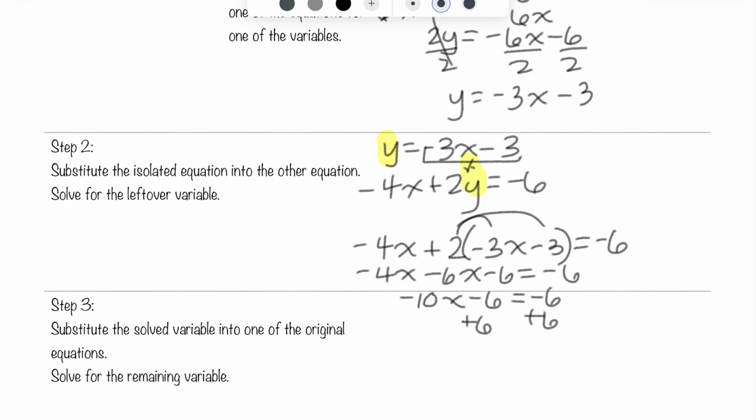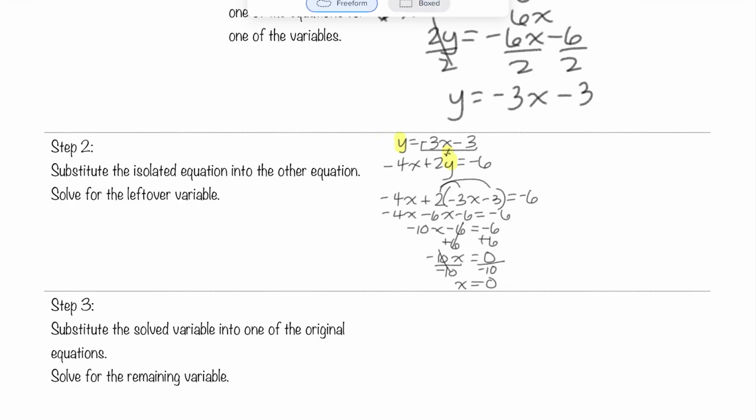Add 6 to both sides. Negative 6 plus 6 is 0. Divide both sides. 0 divided by negative 10 is 0. All right, so x equals 0.